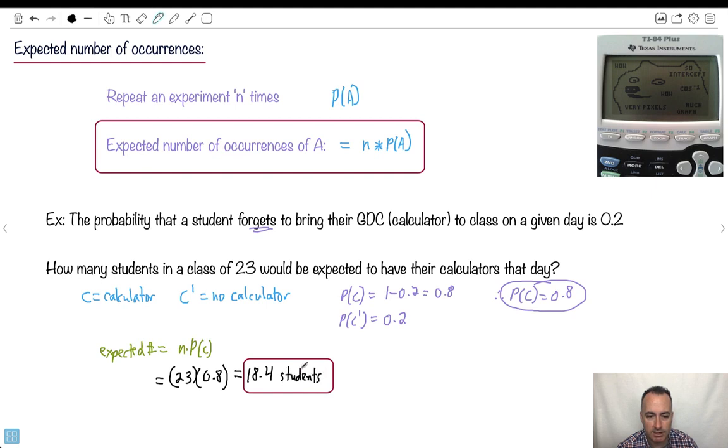Obviously, this is 18.4 students. So, well, there's 18 entire students. I mean, you can't have 0.4 of a student. So, I mean, you could also say 18 students. You have to just think what makes sense in your context. Because sometimes we might be doing expected, I don't know, number of dollars won. Well, then it can be a decimal. Do you see it? So the decimal answer you get, you have to think and interpret if it makes sense.